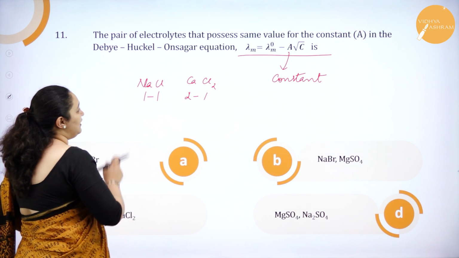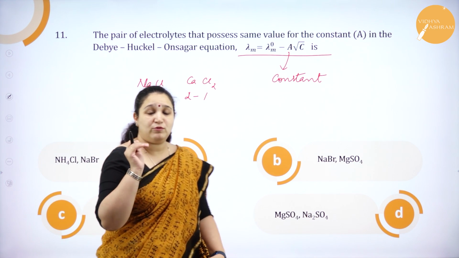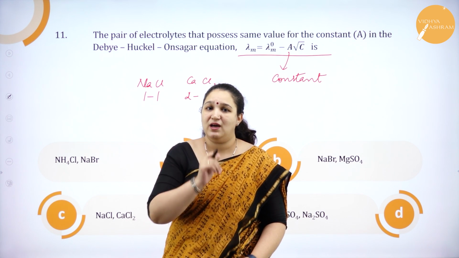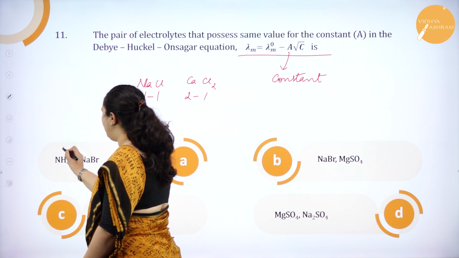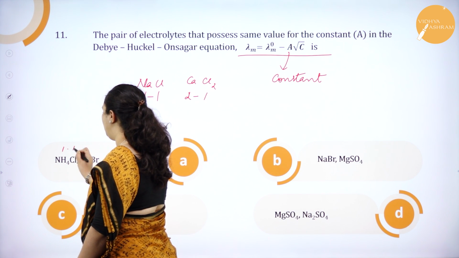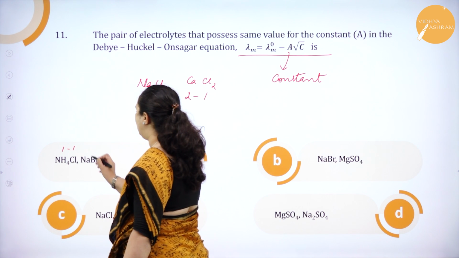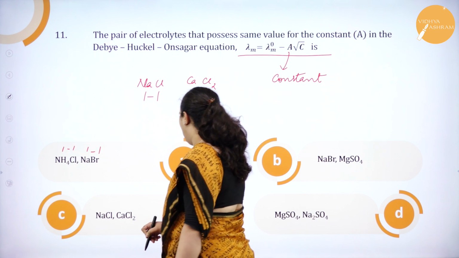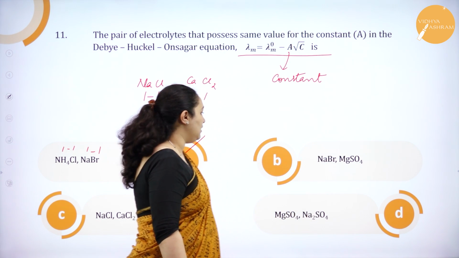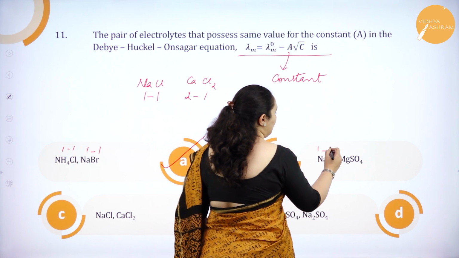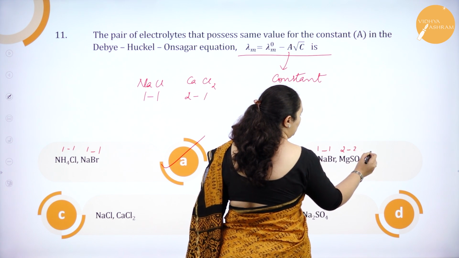The pair of electrolytes that possess the same value. So what you have to see here is their charges. Okay, so I have 1 plus charge, chlorine is also minus 1 charge, so it's 1 1 type, this also is 1 1 type. Okay, so the actual correct answer is A. Why the others are wrong, we'll just see here. Here it is 1 1 type, but this one is 2 2 type.